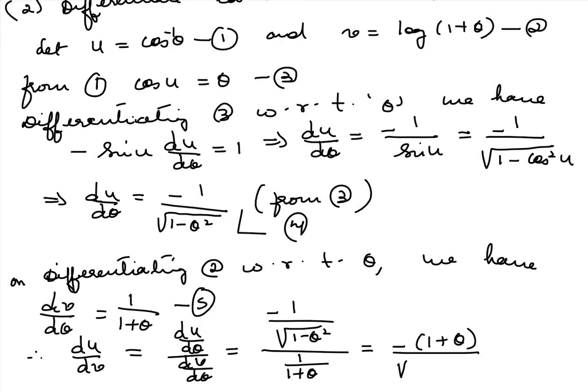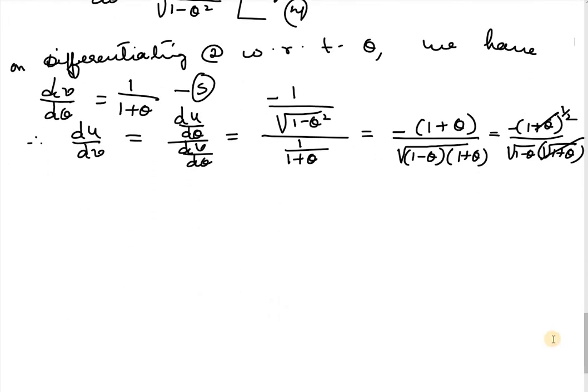It is of the form a square minus b square, which can be written as a minus b into a plus b. So it will be 1 minus theta into 1 plus theta. This is minus 1 plus theta divided by square root of 1 minus theta into square root of 1 plus theta. So this can be cancelled, and then the power of the remaining term will be half.